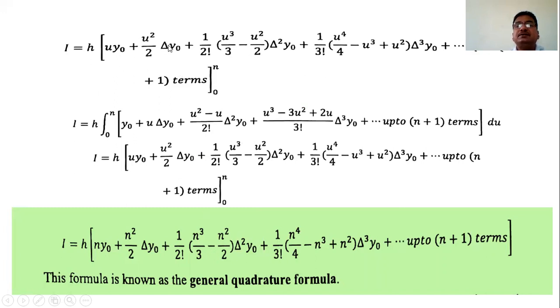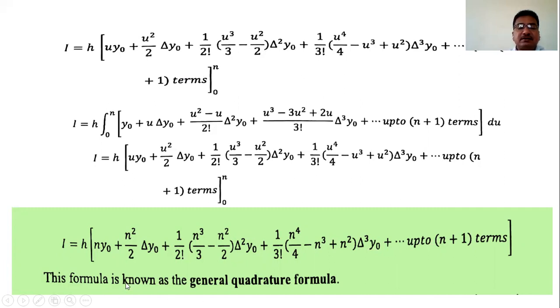That is, substitute u as n, or find the value of this bracket at upper limit minus the value at lower limit. So substitute u as n, we get this, minus if we substitute u as 0, then we have the answer 0. And this is what?